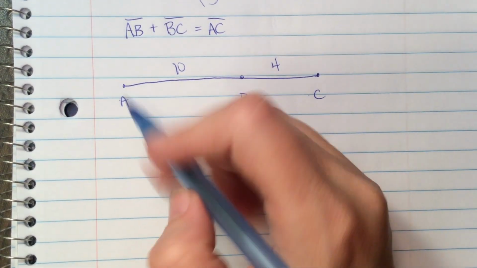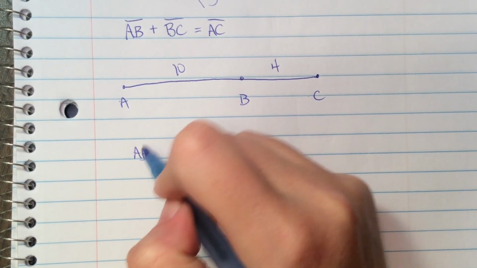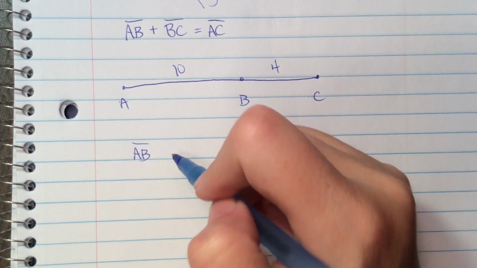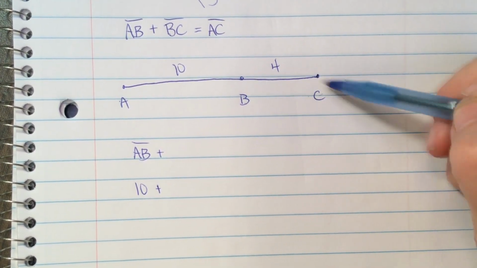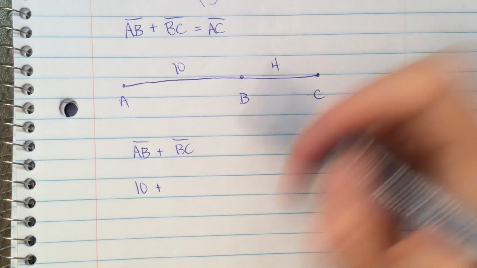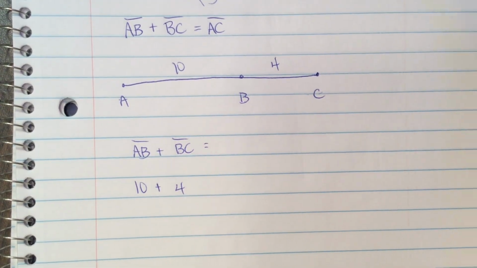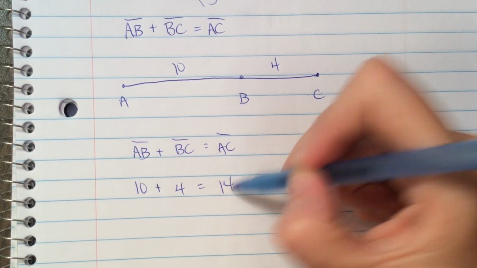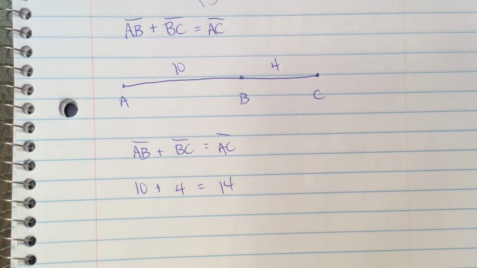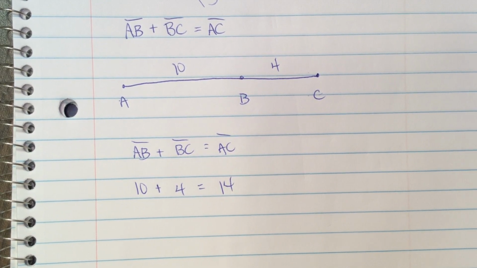Well, if segment AB is 10 plus segment BC, which is 4, then segment AC would have to be 14, because 10 plus 4 is 14. Makes perfect sense to me.